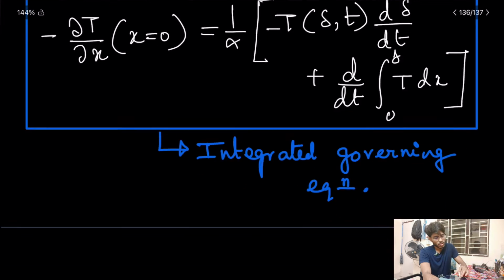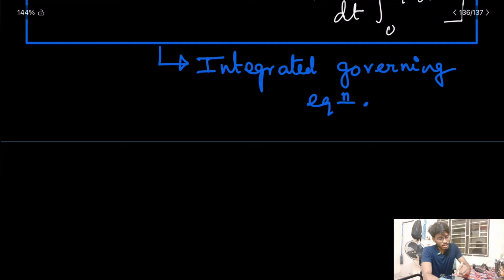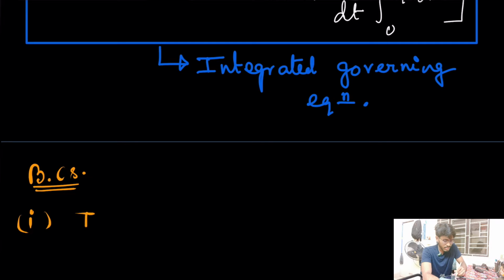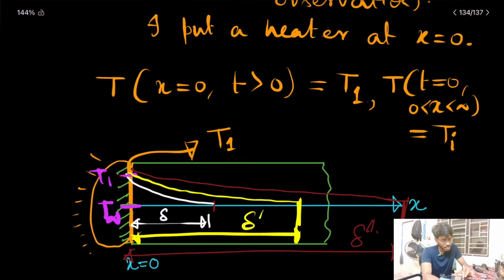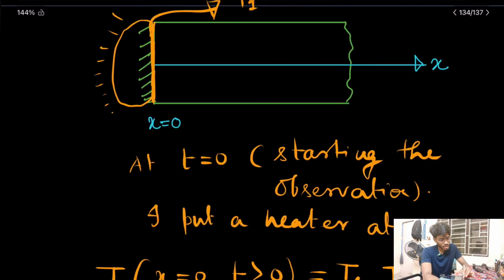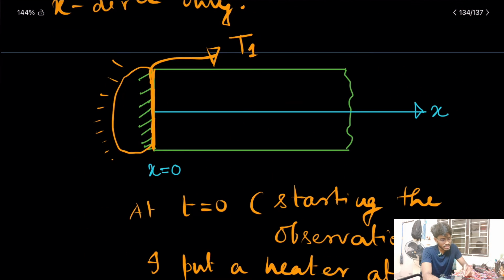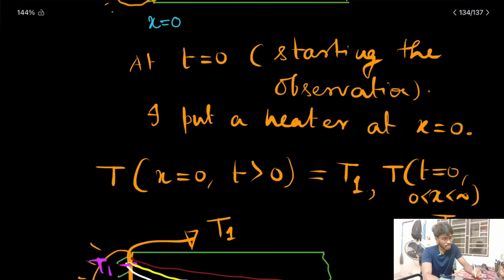Okay, fine. Now let us write the boundary conditions. The first boundary condition is that at x equal to 0, for all time greater than 0, T is equal to some T1, and the initial temperature was Ti.